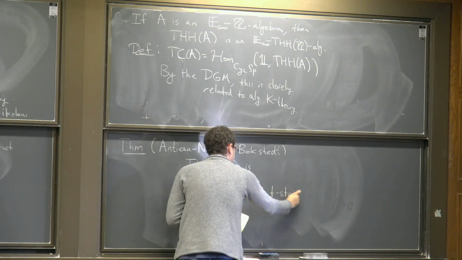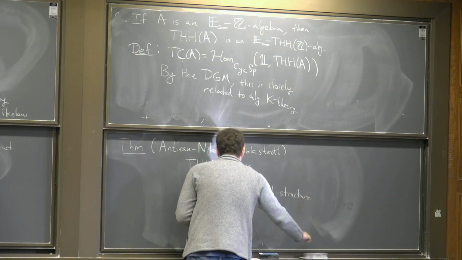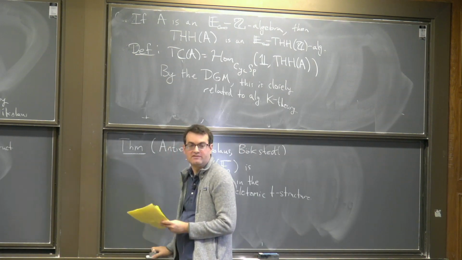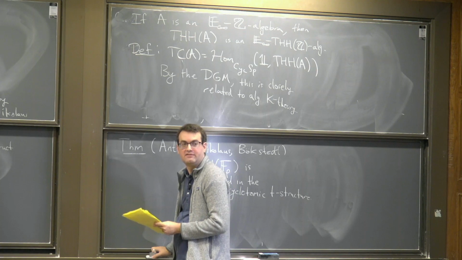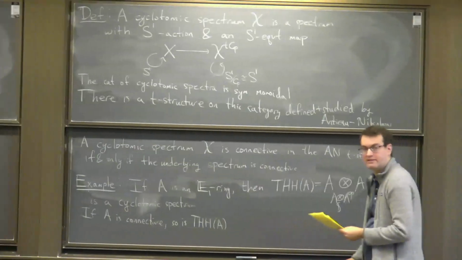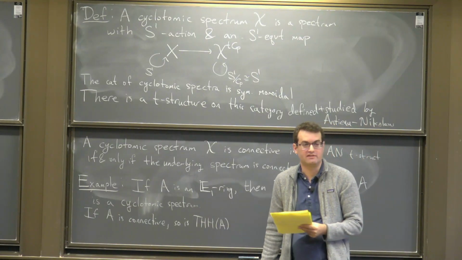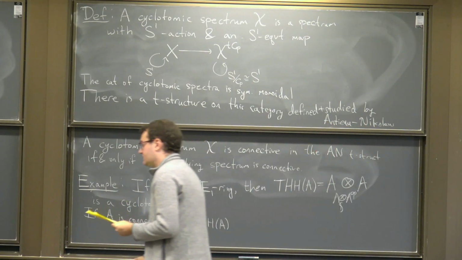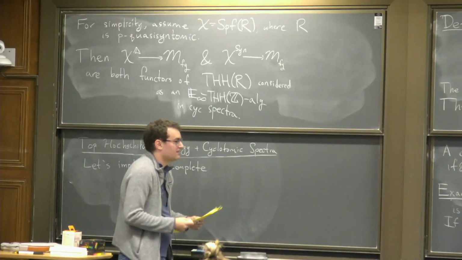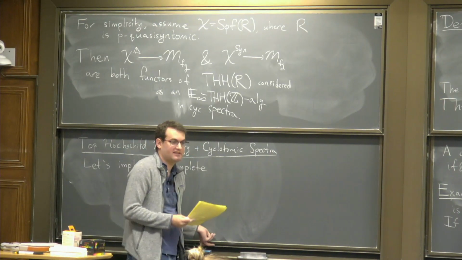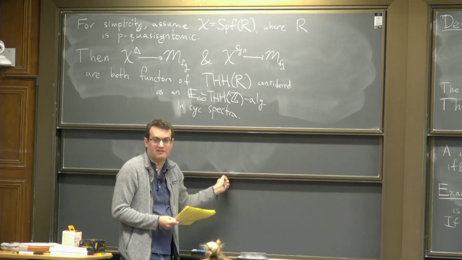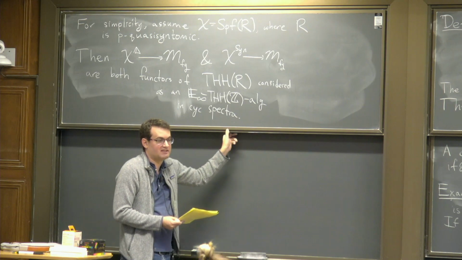So THH of F_p as a spectrum turns out to not be bounded above, but nonetheless, THH of F_p as a cyclotomic spectrum is bounded above in this cyclotomic t-structure. And I want to pay close attention to what things are bounded above. I don't know, just because I like to, and because it was used, for example, in the disproof of the telescope conjecture and things like that.